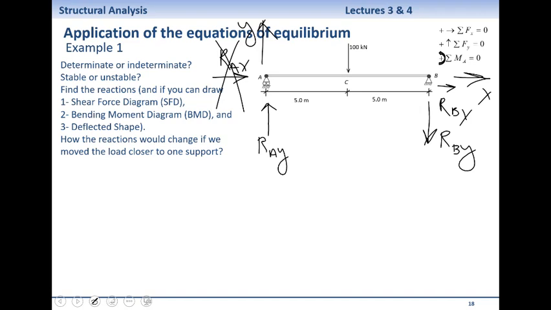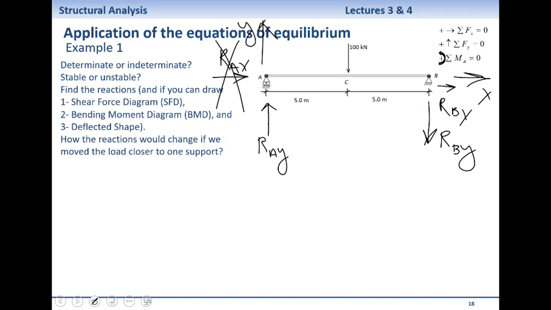I know that potentially I can have a vertical force at point A, but no horizontal force. I'm not 100% sure in which direction, which is okay. And I can potentially have a horizontal force at point B because it's a pin. What direction? I don't even know, and it doesn't matter.